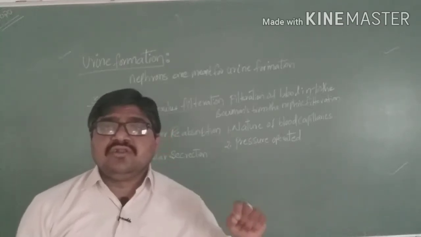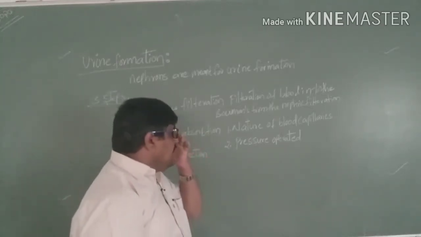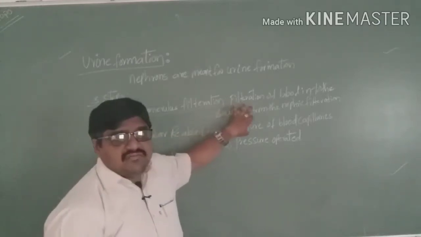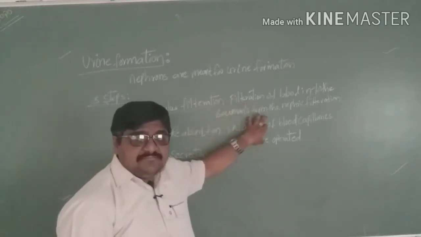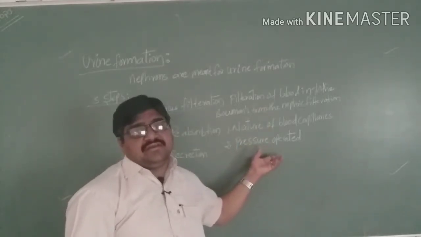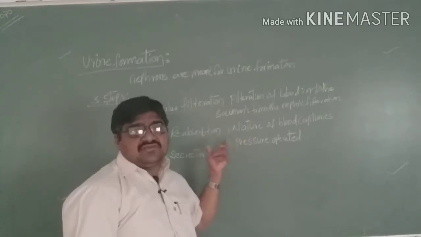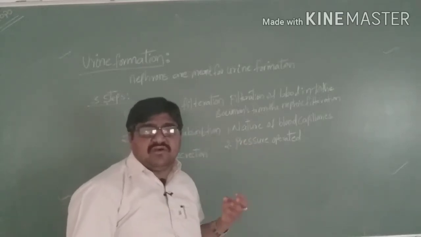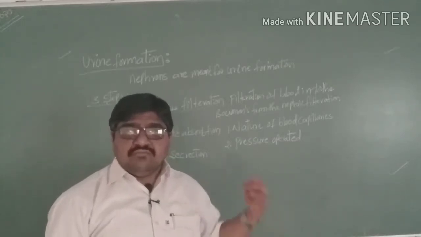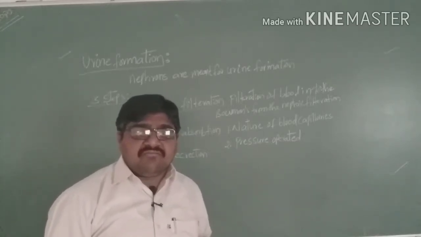So glomerular filtration takes place mainly by two factors: the nature of the blood capillaries and the pressures operated. These two factors affect the rate of filtration of the blood. That means glomerular blood is filtered into the Bowman's capsule as nephric filtrate.